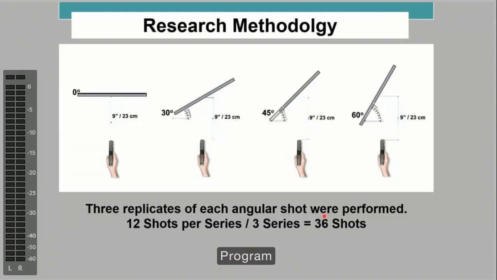So my research methodology was to shoot what I call 0 degrees, which is this way, perpendicular or orthogonally. And then at 30 degrees, 45 degrees, and 60 degrees, I shot 3 times with each angle. I did 12 shots per series, a total of 36 shots.